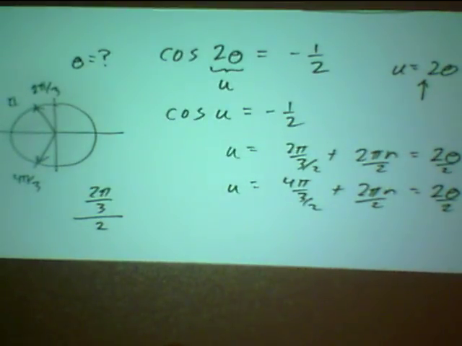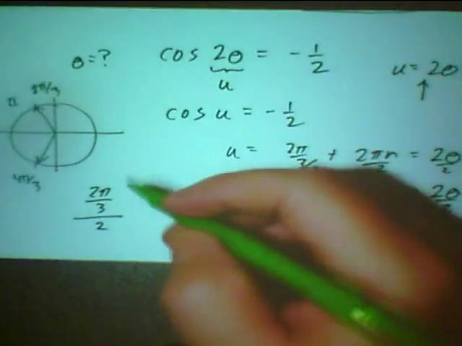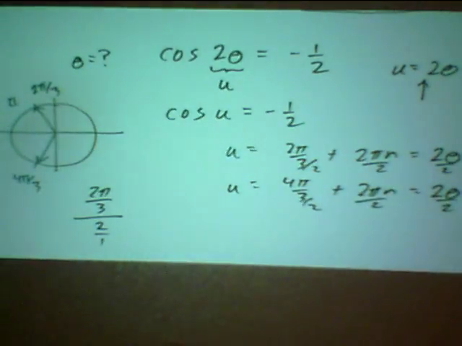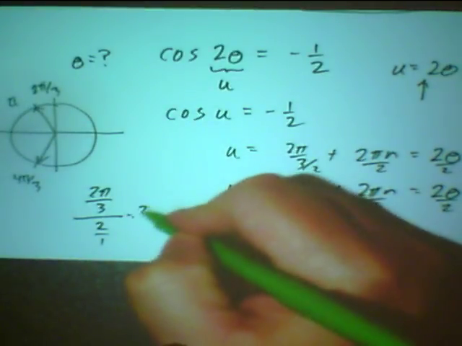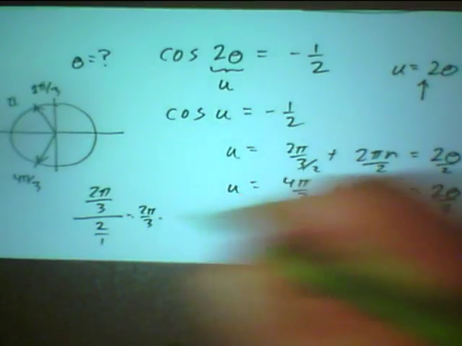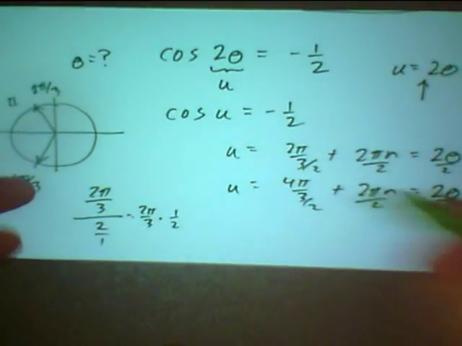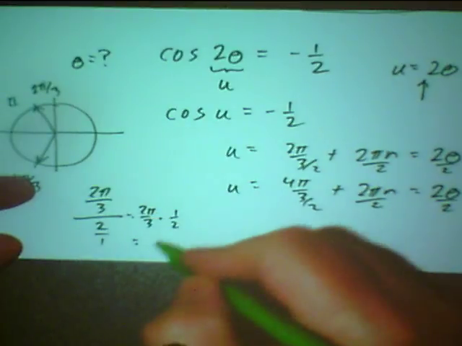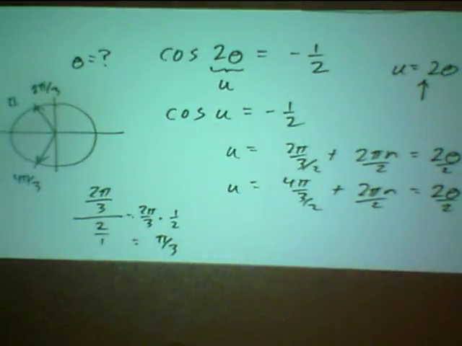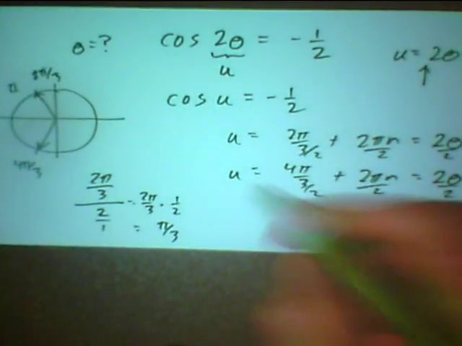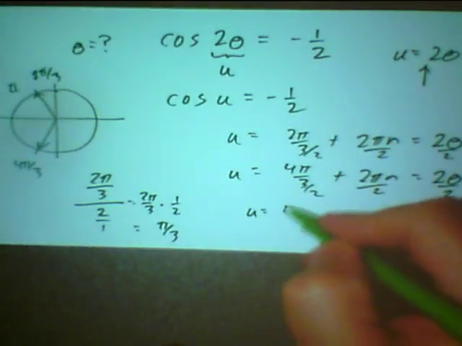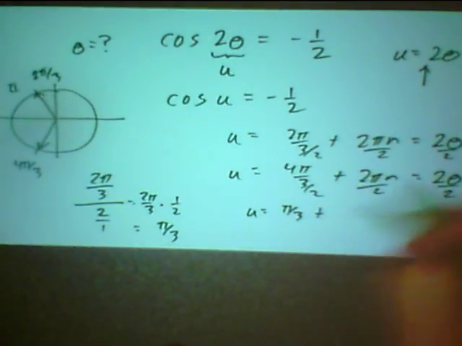You can either memorize the rule, or if you need help remembering, think of that as a fraction: take the top fraction, multiply it by the reciprocal of the bottom, and I end up with just pi over 3. So my first solution now becomes pi over 3. 2 pi n over 2, the 2's cancel, it's just pi times n.